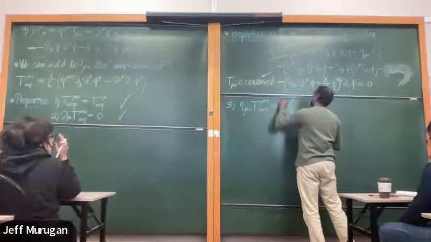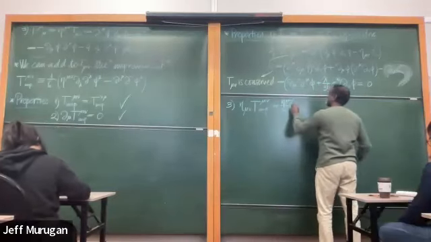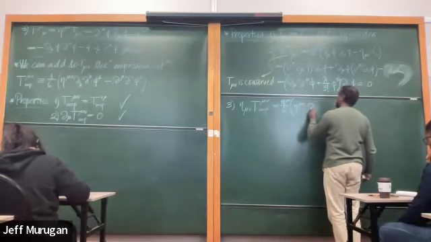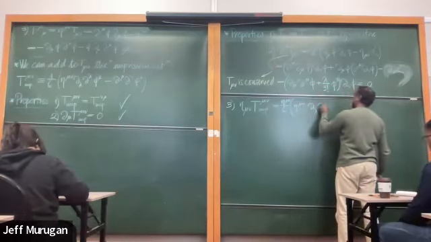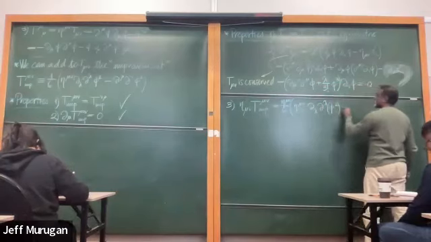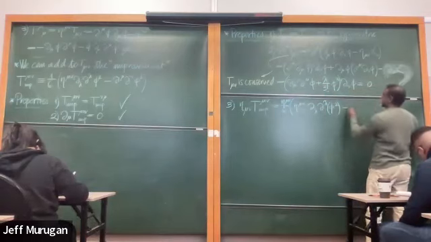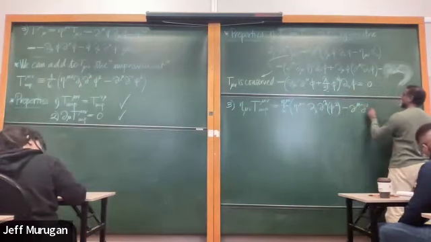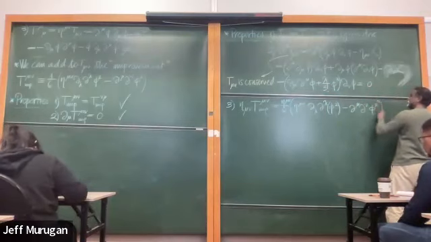Like this. Eta mu, when I have eta mu d lambda of phi squared minus d nu of phi squared.